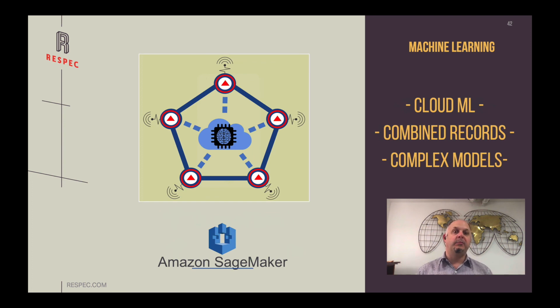These could be pretty complex models because we're running them in a high performance computing environment, either at the edge or at the cloud core. And for this, we've just started looking at Amazon SageMaker, which is really an implementation of the TensorFlow environment built around the Amazon Web Services environment.